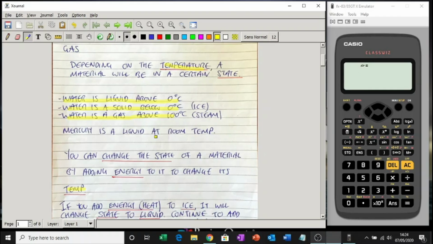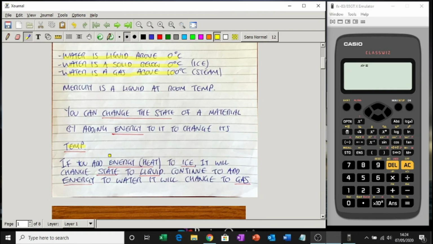That's when you boil your kettle. So if you add energy, heat, to ice, it will change state to liquid. The bonds are being broken down and it's going from a solid, ice, into a liquid, which is water. Continue to add energy to the water and it will change to a gas.